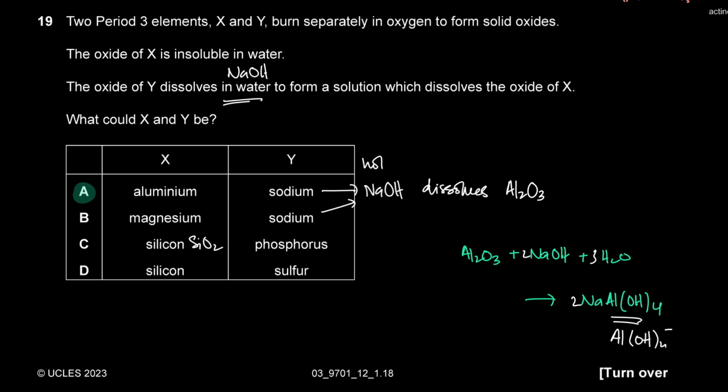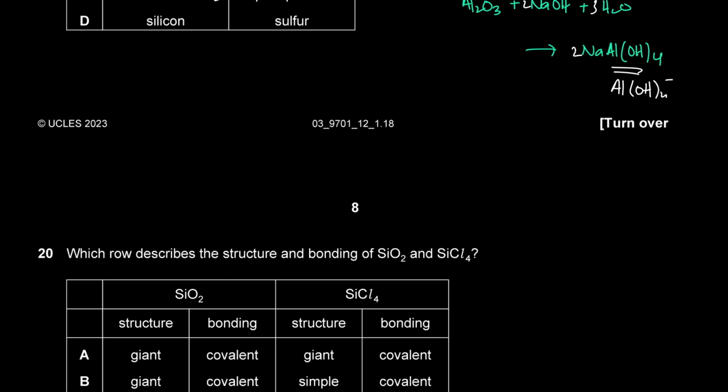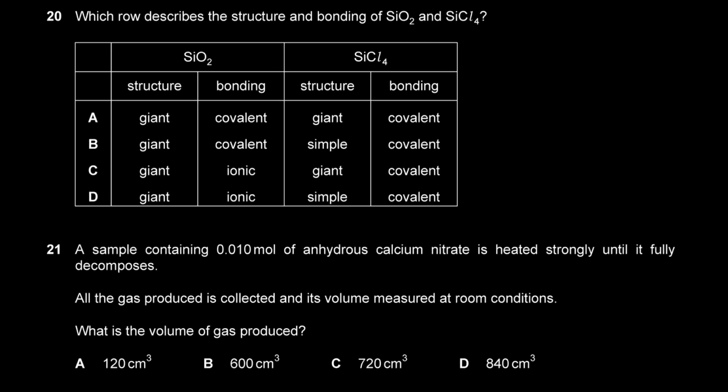I'll just make a note of that here. Aluminum oxide is amphoteric, so it can react with bases, and silicon 4 oxide is acidic, so it can react with alkali as well, as long as it's hot and concentrated.